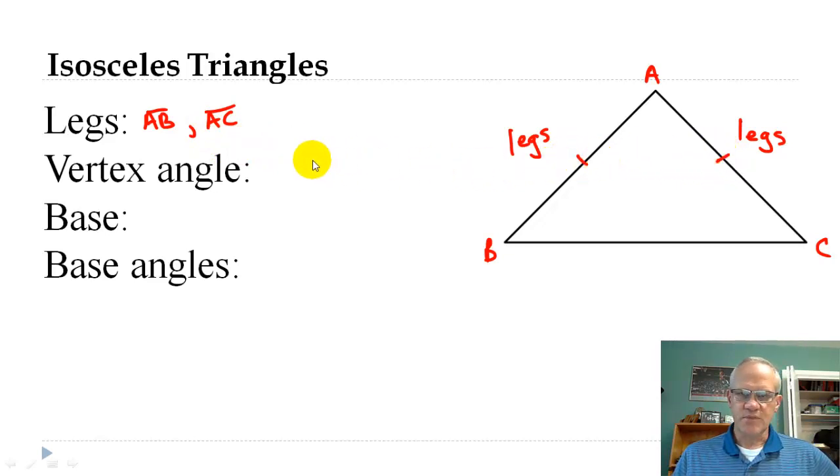When they talk about the legs of an isosceles triangle, they talk about the two congruent sides. The vertex angle in this case is going to be angle A up here. The vertex angle is the angle in between the two legs. So angle A is the vertex angle.